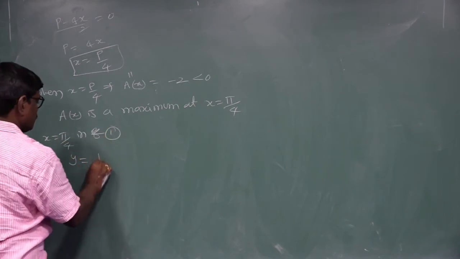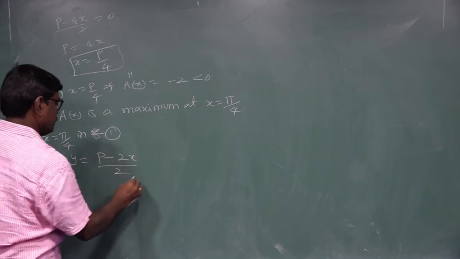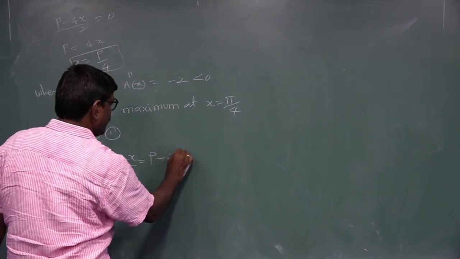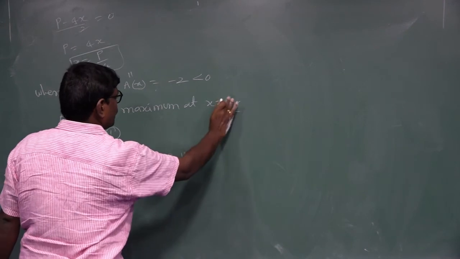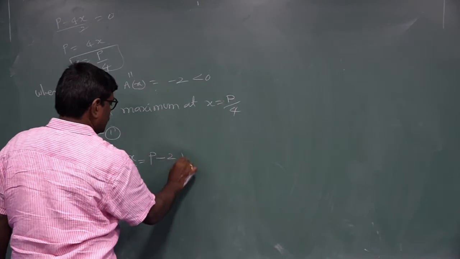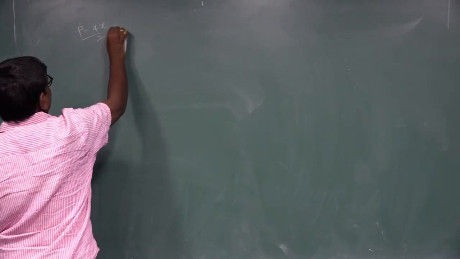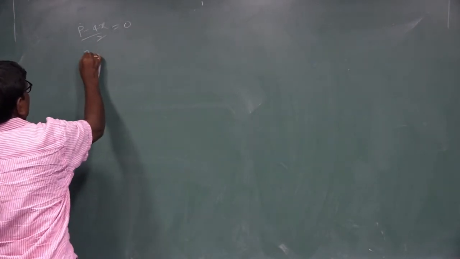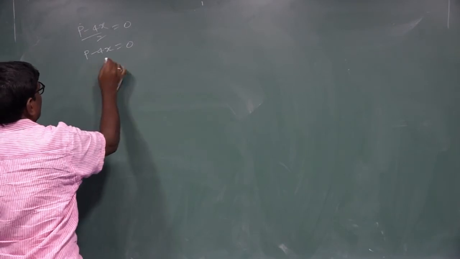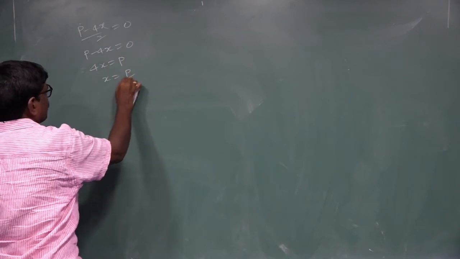y is equal to (P minus 2x) by 2 equal to (P minus 2 into P by 4) by 2, P minus 4x by 2 equal to 0. P minus 4x equal to 0, 4x equal to P, x equal to P by 4.